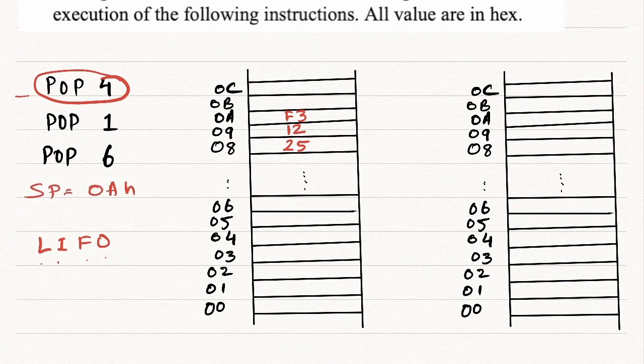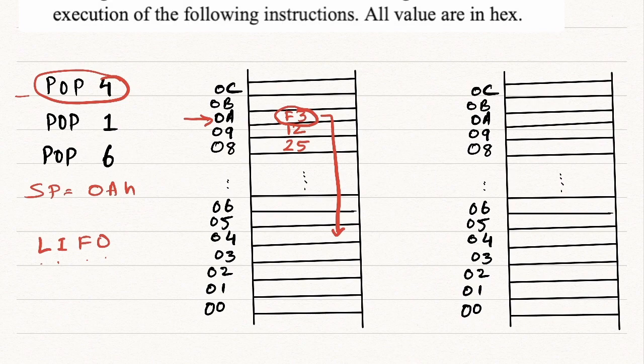The value of the stack pointer was 0AH, and when you pop 4, the content of the stack pointer is 0A. That memory address 0A will have a value F3, and that F3 will be moved to location 4.